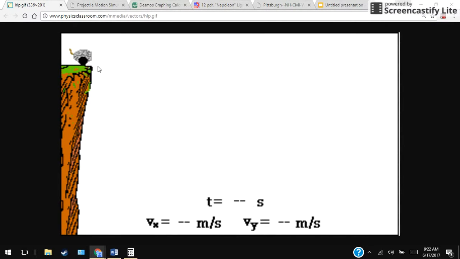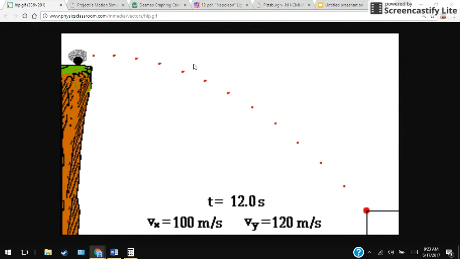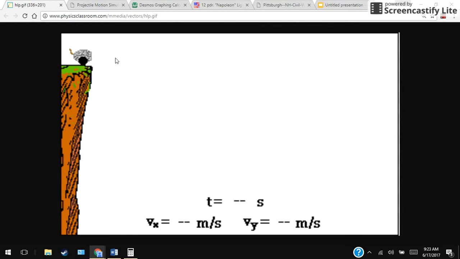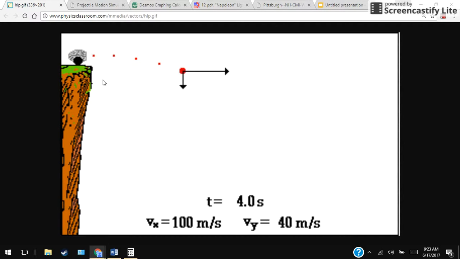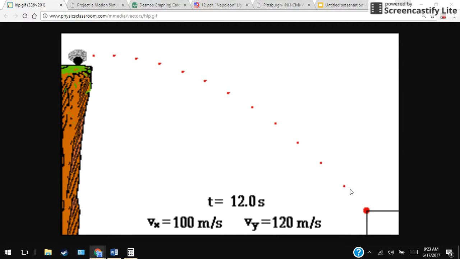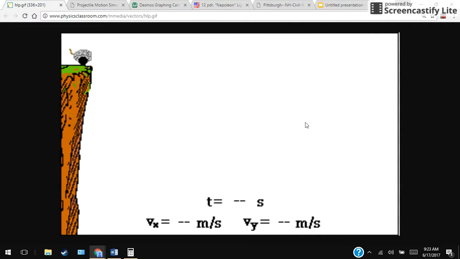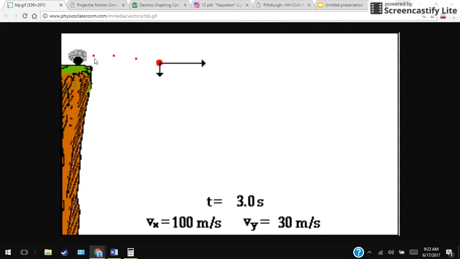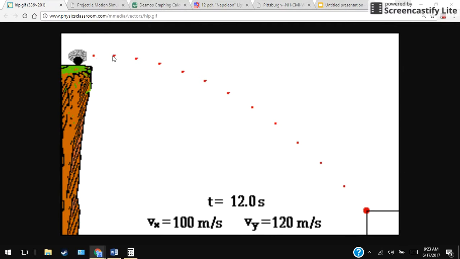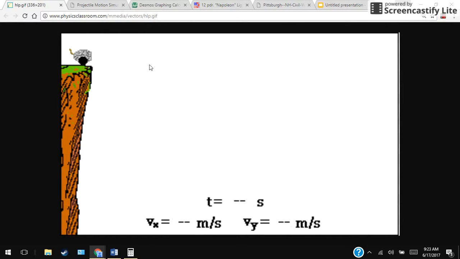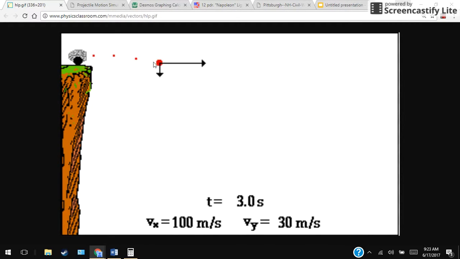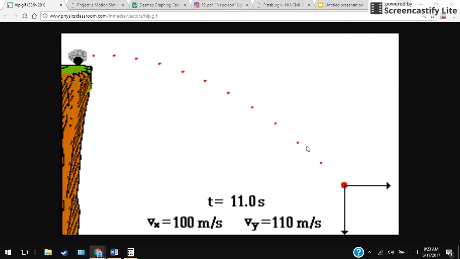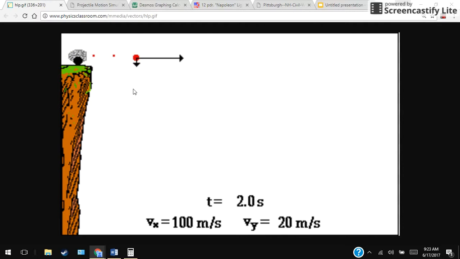So when the cannonball leaves the cannon, it's more affected by its horizontal motion, and as it continues to travel along here, gravity is going to pull it more and more down, which is why we get this arc. So if you look here, the dots are almost horizontal from each other, and then as time moves on, they're going to slope downwards, and as we know, parabolas will eventually look as though they are almost completely vertical.